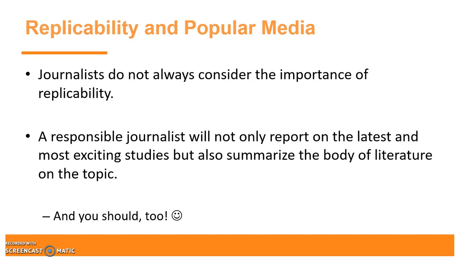But responsible journalists, and those who are science writers seem to be getting better, should summarize the body of literature on the topic and give some context to a finding. It's not just summarizing the results of this one paper, but saying here's what's been shown in the past, and this is consistent with that, or it's not consistent with it.